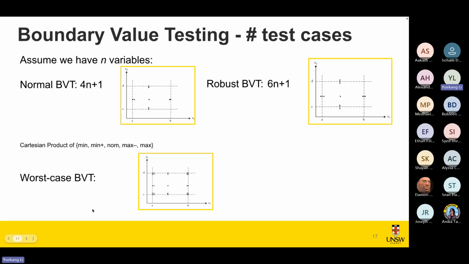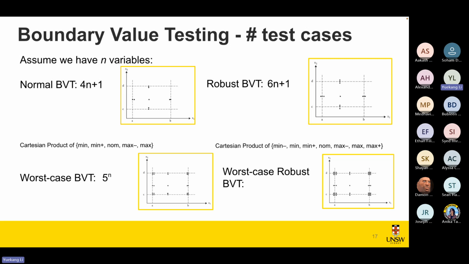So it is actually the Cartesian product of this value set, because we are selecting a value for each variable, each one of the n here, from these 5 numbers. So each n can take one of the 5, and we are combining them together. So what is the total number here? It is 5 to the power of n test cases. So we need this many test cases for worst case. And for worst case robust, we need 7 to the power of n.